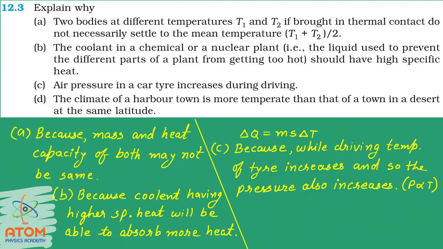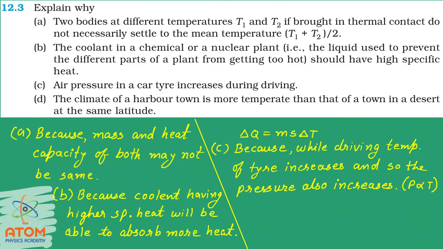Now D: the climate of a harbour town has a higher temperature than that of a town in a desert at the same latitude. If the latitude is the same, then normally the temperature should be the same. But still we find that at a harbour or seashore, the temperature is always higher than the temperature in the desert. Don't forget, we are talking about the same latitude, and we have to ignore the wind blowing at the seashore or any harbour.